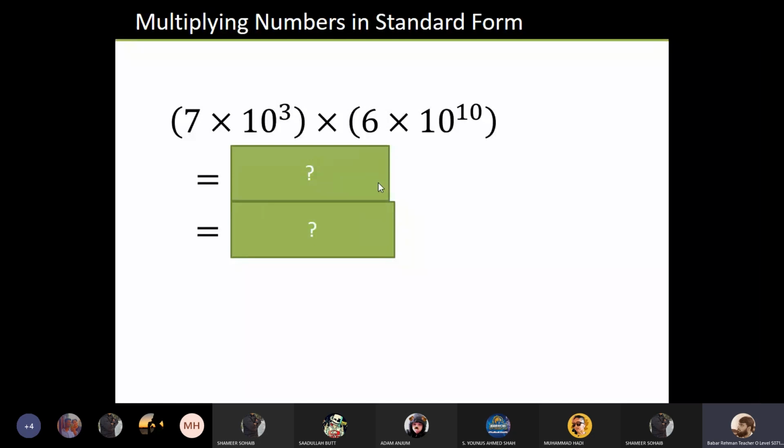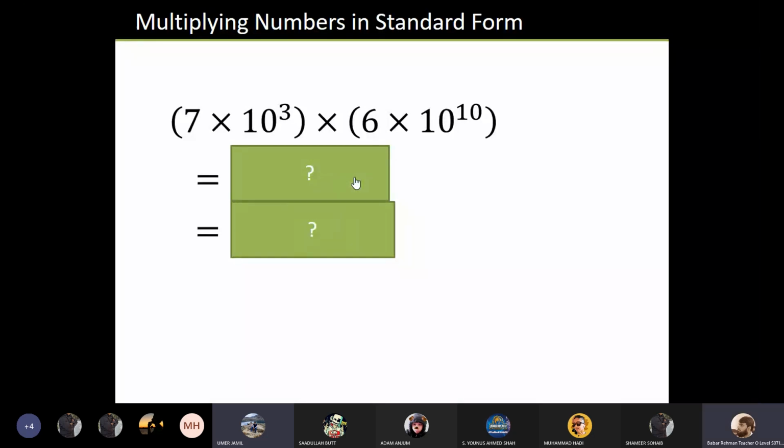Okay. So there are two standard forms given: 7 multiplied by 10 to the power of 3 and 6 multiplied by 10 to the power of 10. So first we will take the first numbers of both standard forms, which will be 7 multiplied by 6, which will be equal to 42. Then the powers of 10: 10 to the power of 3 multiplied by 10 to the power of 10.